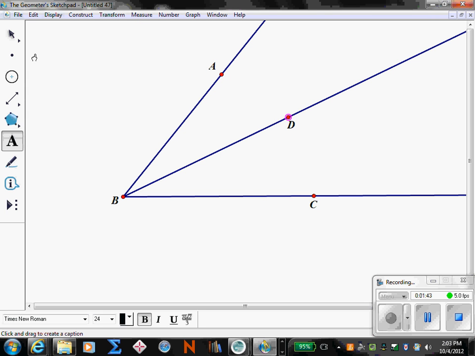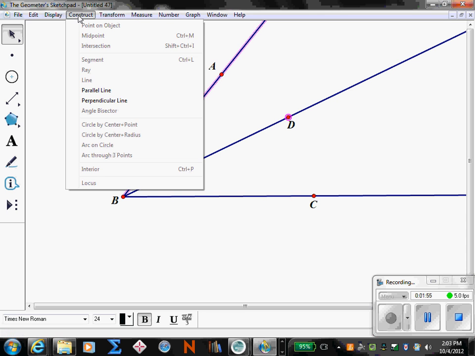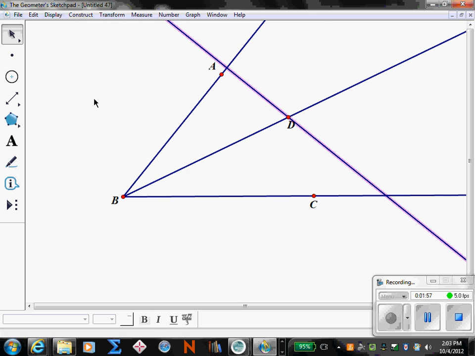of the angle? So what I am going to do now is highlight this ray and highlight point D and construct a perpendicular line. I am going to make another point that is the intersection point between the perpendicular line and the side of the angle.